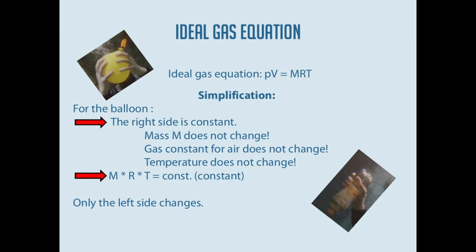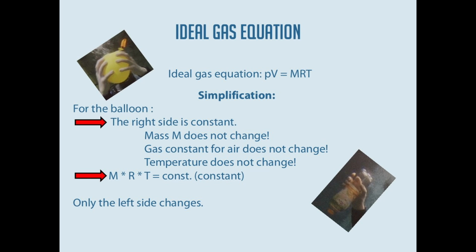Also, the gas constant does not change anymore because we have air in the balloon all the time and do not change anything in the content. And we also say within a certain range the temperature doesn't change anymore. So we still have in the environment the 26 degrees Celsius that we have here in the indoor diving center.